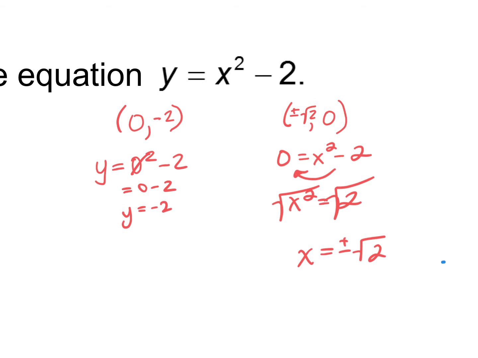Let me write it a little better. If you wanted to, you could write it separately as two different points, but I'm totally okay with you saying plus or minus square root of 2, comma, 0. I'm not asking you to graph that. But here's a little hint. What's the biggest exponent you see? Squared. That tells you how many x-intercepts there are.